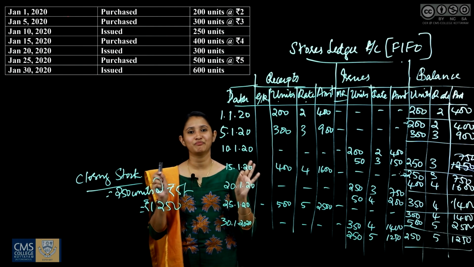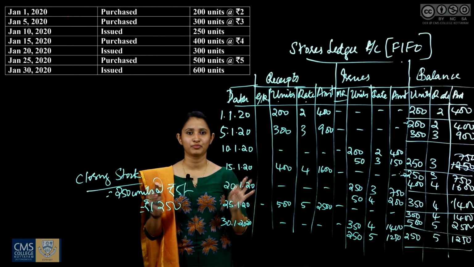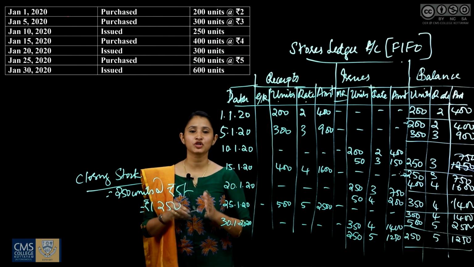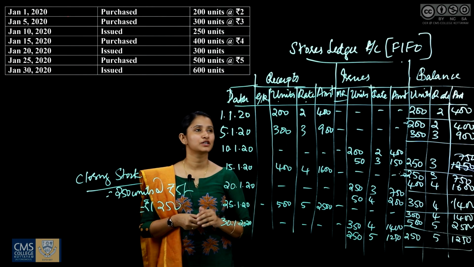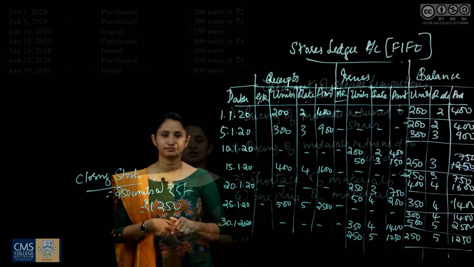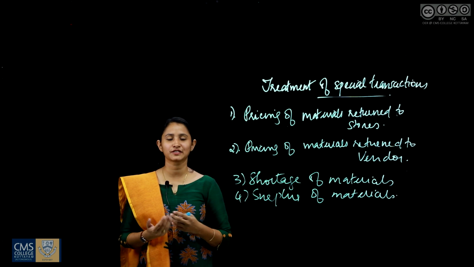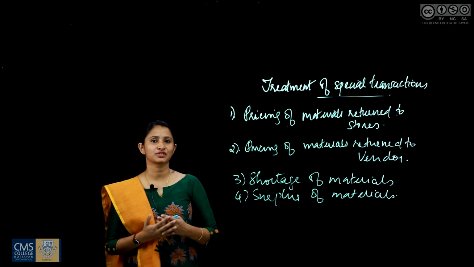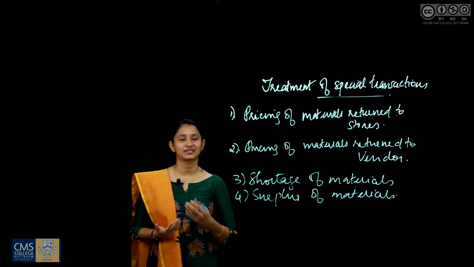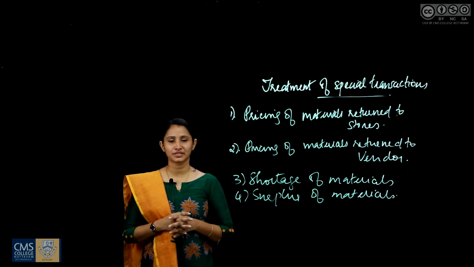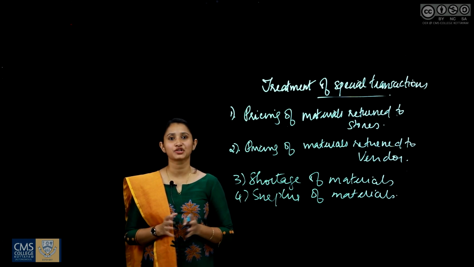Here we are dealing with a very basic problem of FIFO. So this is how you arrive at closing stock in the first in first out method. So what we dealt with right now was a very simple version of a FIFO problem. In a real life situation, we do come across certain special transactions or certain adjustments when we deal with preparation of a stores ledger.